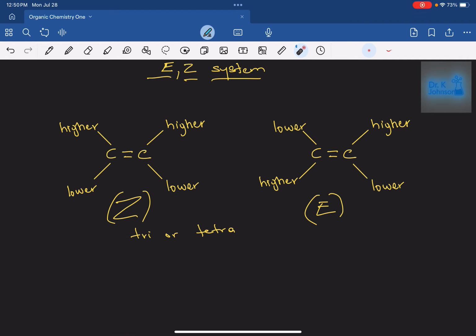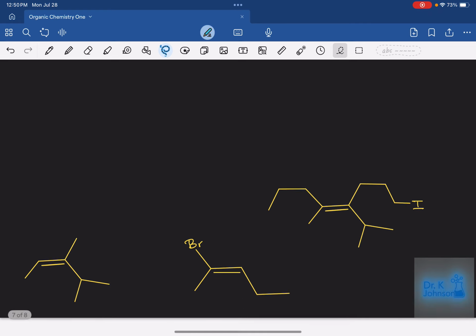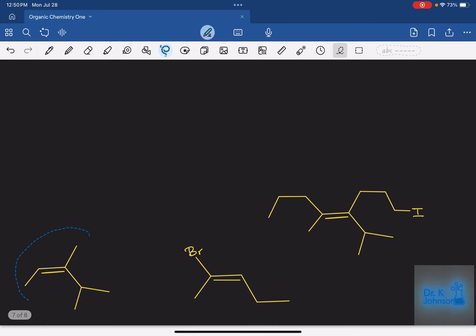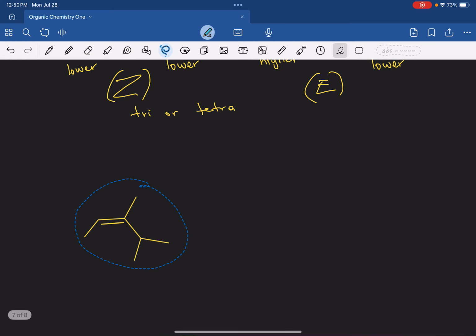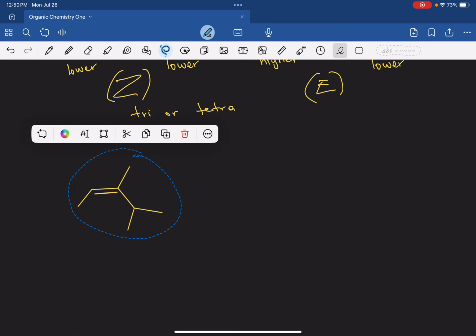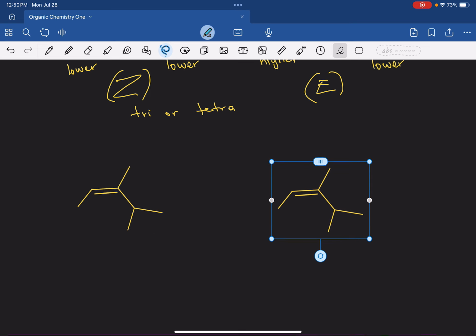That's the first thing, and you need to remember priority rules. So let's go ahead and do our first example and capture all of these. Remember, if the groups of higher priority are on the same side, it's Z. If they're on opposite sides, then it's going to be E. And I'm duplicating this for a reason.